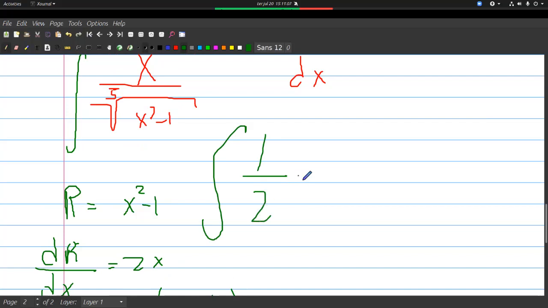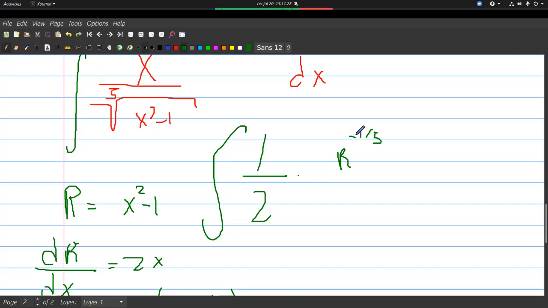times the fifth root, that's the same thing as doing this, x squared minus 1, that is r, and r to the minus 1 over 5.